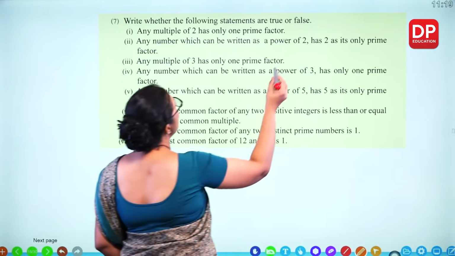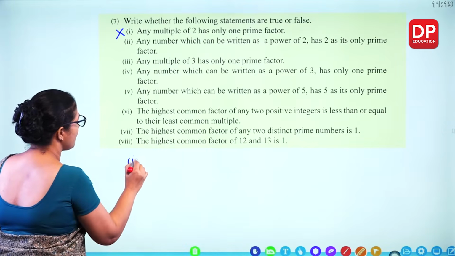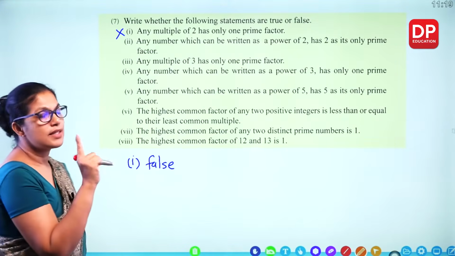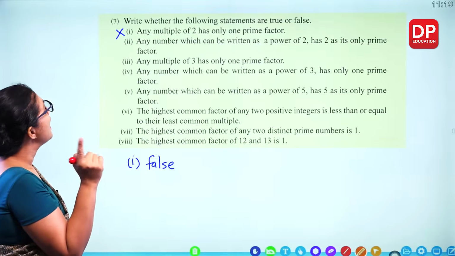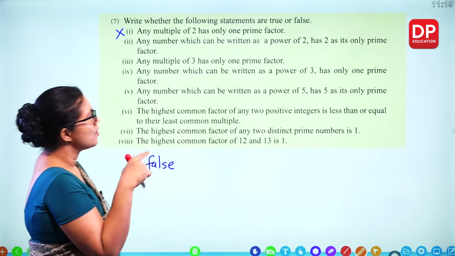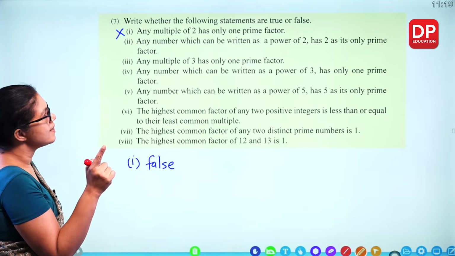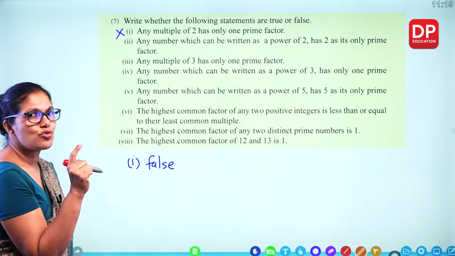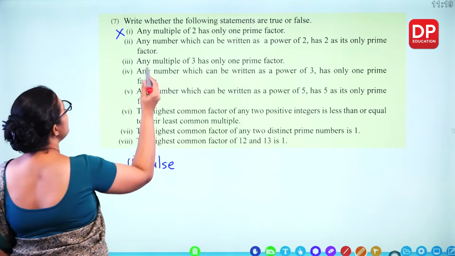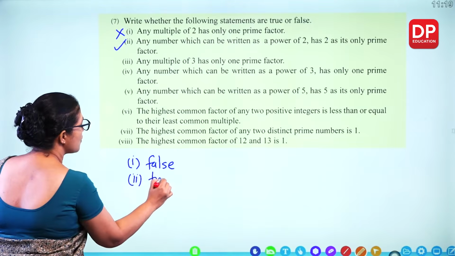That's false, because 6 gives you 2 and 3. Any number which can be written as a power of 2, like 2, 4, 8, has 2 as its only prime factor. That's true. 2 to the power of something, so the prime factor is only 2. That's correct. True.